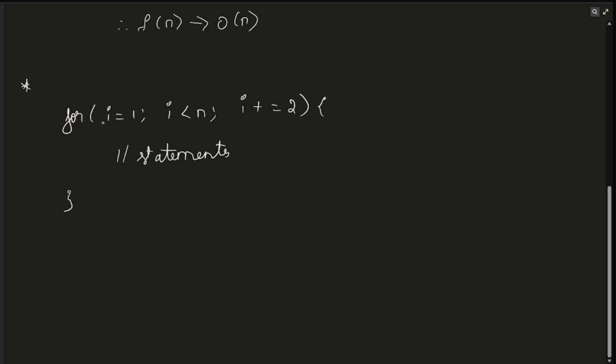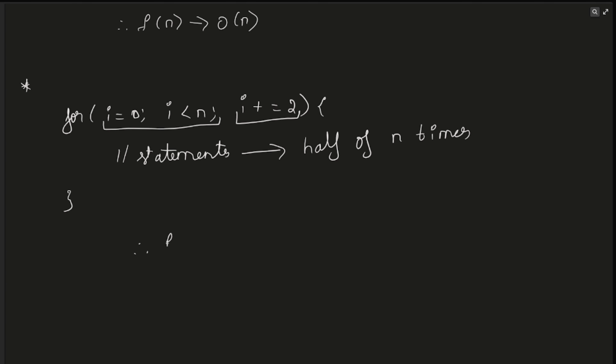If you observe, the initialization and condition check parts are the same. I will consider this as 0 itself. But the only difference is the incrementing or updating statement, which is updating 2 times for every iteration, which results in these statements executing half of n times.